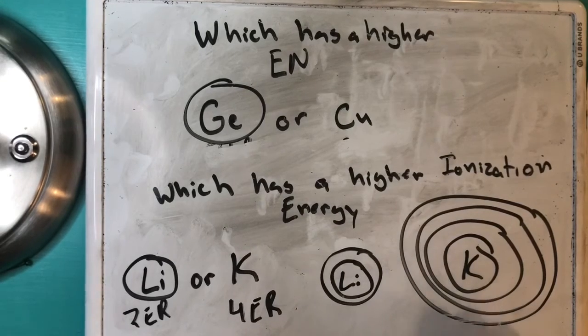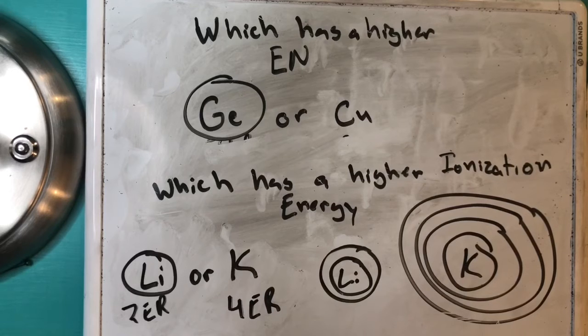Even though potassium is technically pulling on electrons from other atoms more strongly than lithium because it has more protons, its electron cloud is so big that it negates the effect of the pulling because it has to pull over such a long distance, and the charge gets negated because it's pulling over such a big area. With lithium, though, it's so much smaller than potassium, and even though it has fewer protons, which technically means it's pulling less, it's pulling over a way smaller distance, so it can pull a lot more strongly.